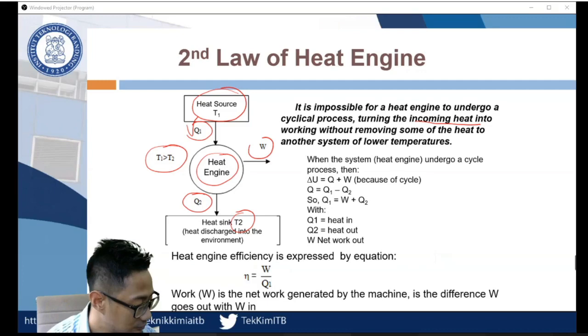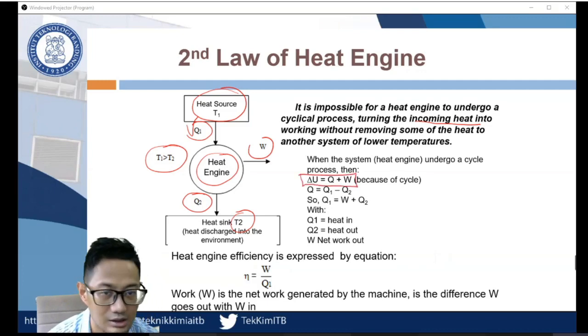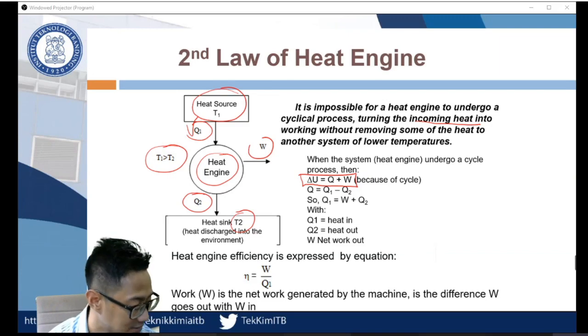So we will still use the first law of thermodynamics, delta U is equal to Q plus W. But please be aware, we need to calculate for the whole cycle. We will discuss the details about this later on.